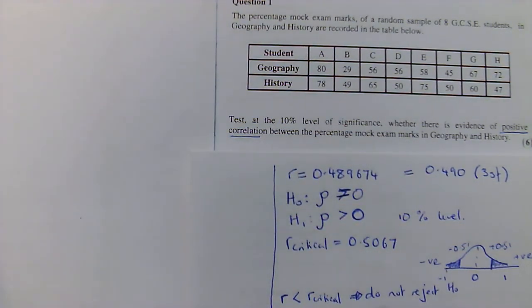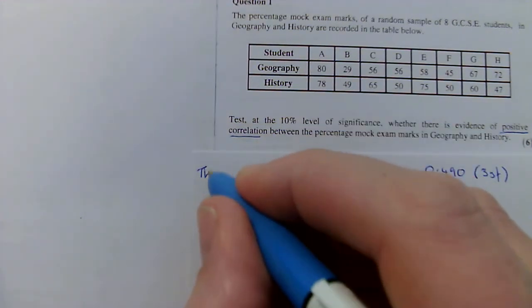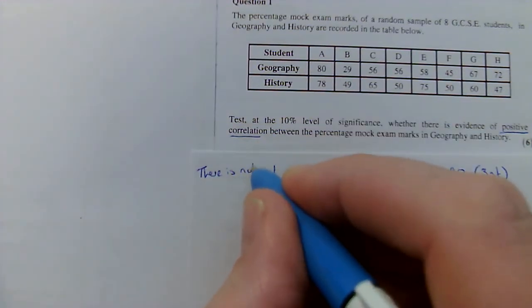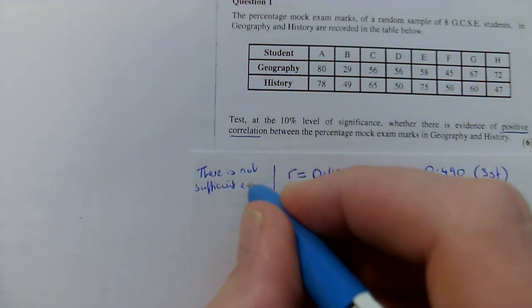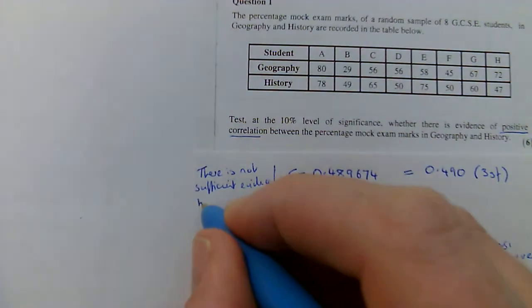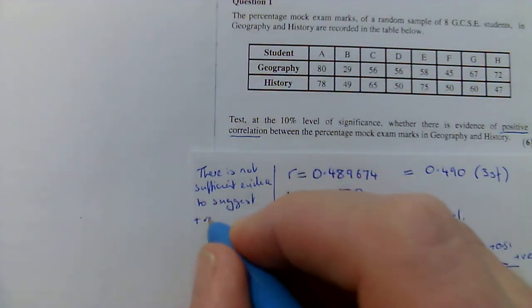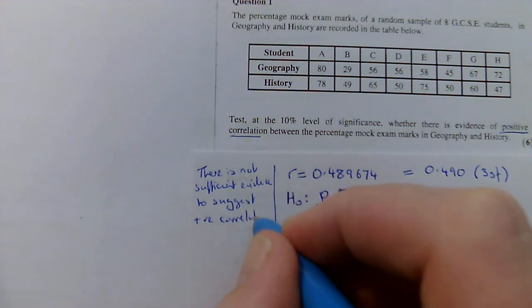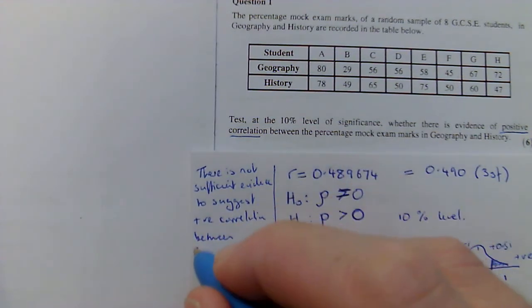So our full statement, which is our final comment here, is: there is not sufficient evidence to suggest positive correlation between geography and history results.